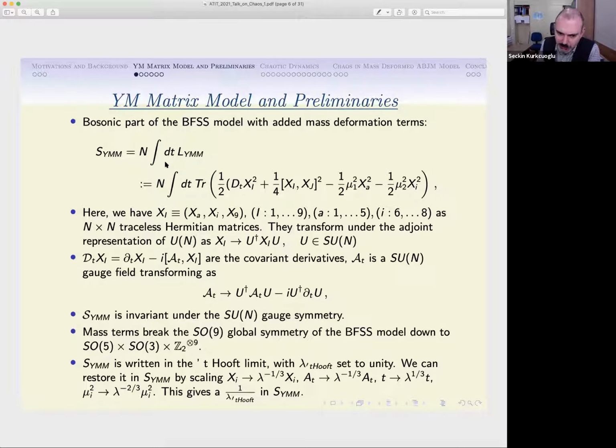So that is always a possibility, but it is absolutely fine to work with units in which we set lambda 't Hooft to unity.